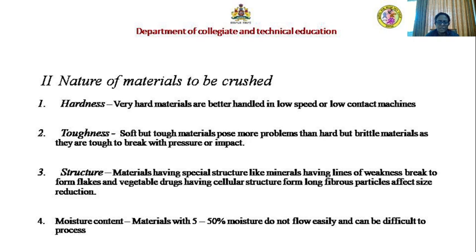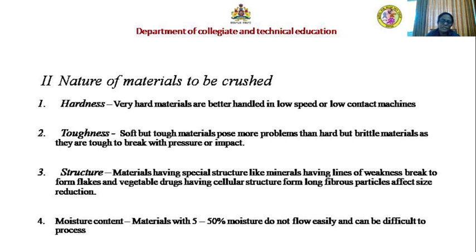Next comes toughness of the material. A material may be soft in nature, but it may be tough. Toughness is the parameter that indicates the resistance to impact. That is, whenever you apply a rigid force, the material won't break. It will just deform and undergo shape change, but will not break into smaller sizes that easily. These are materials which are usually soft but tough in nature.